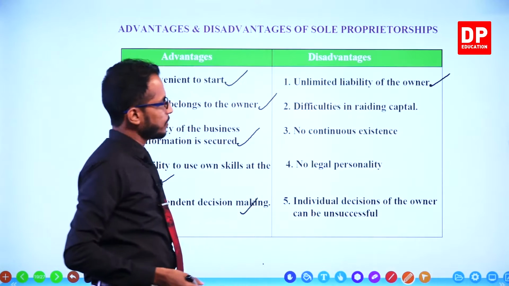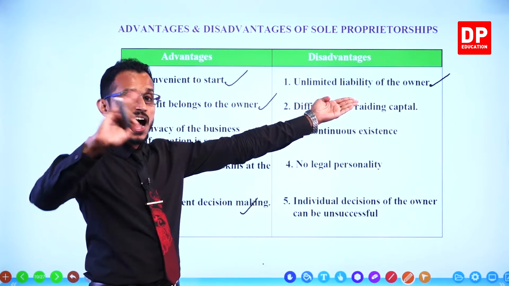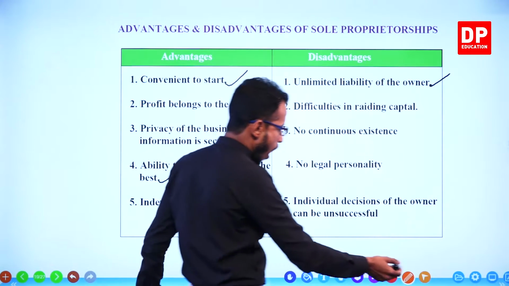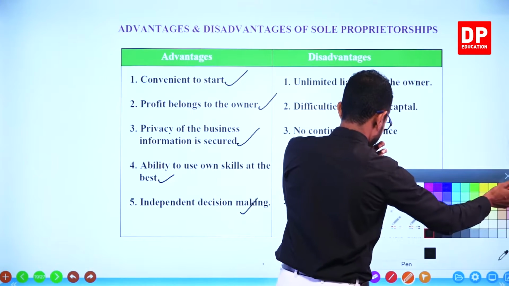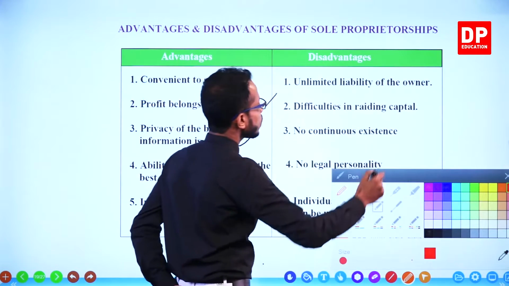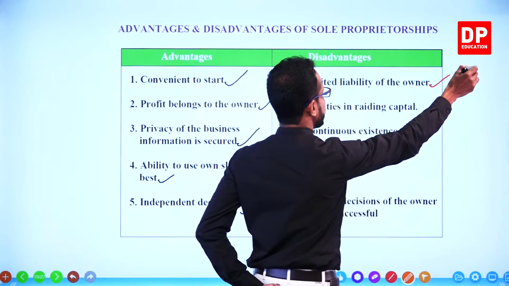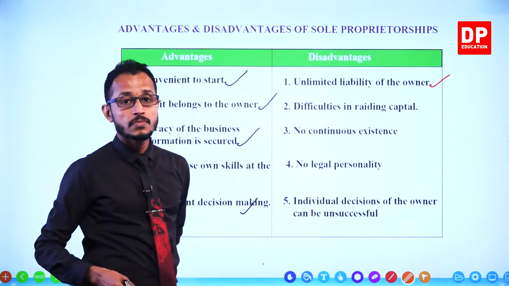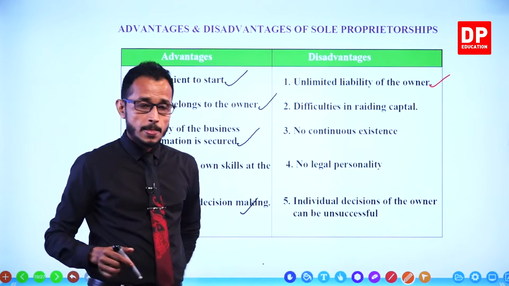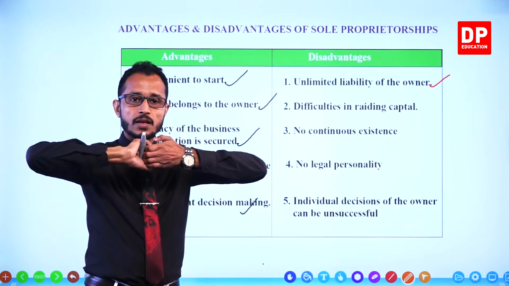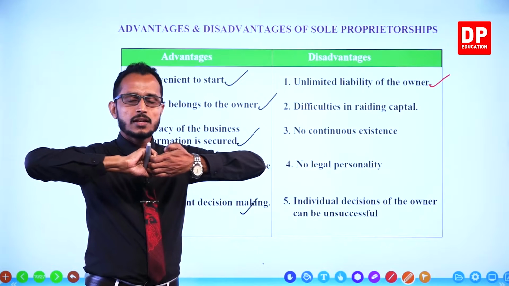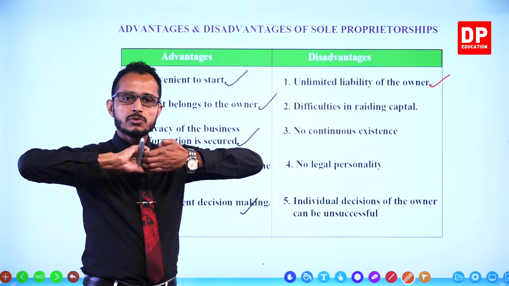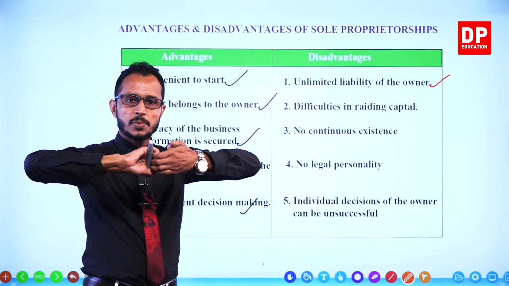Disadvantages. Unlimited liability. So we should use red color. Unlimited liability. You know what is unlimited liability? Owner is bound by the business liabilities and he has to settle or he has to pay back even using his personal properties.